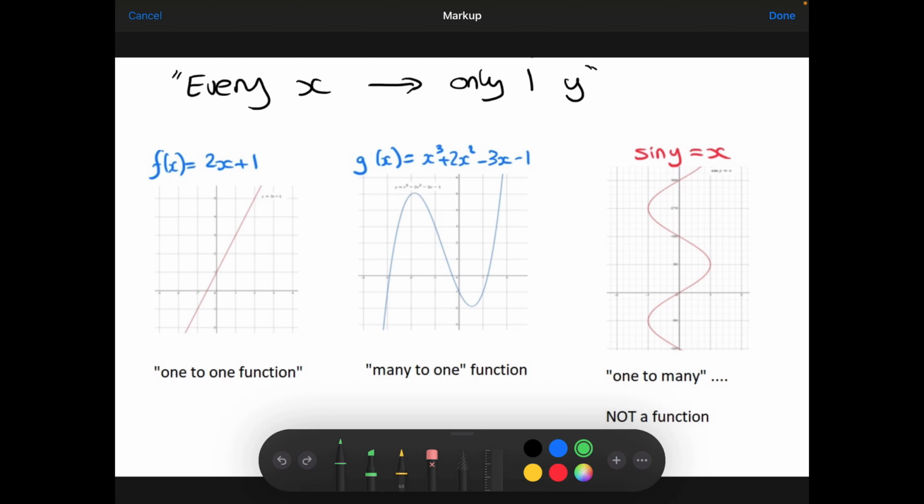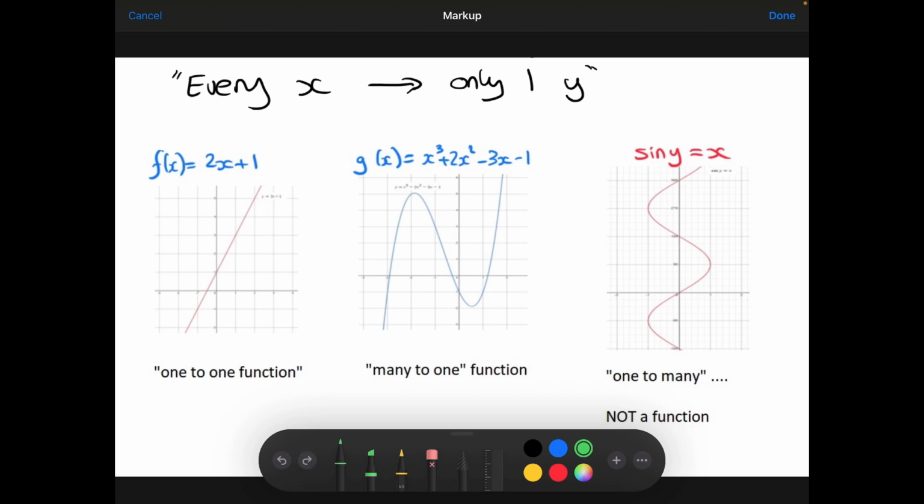So for example, if I was to substitute minus 1 in, I get 3 out. Only one value out. If I was to substitute minus 2 in, I only get one y value out.